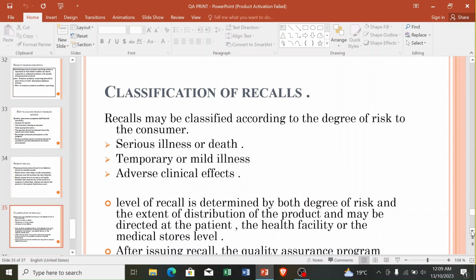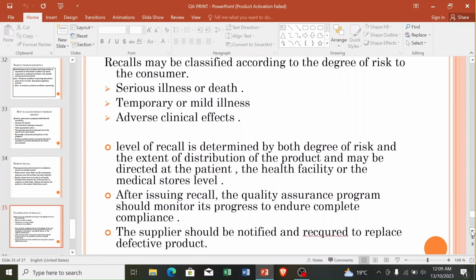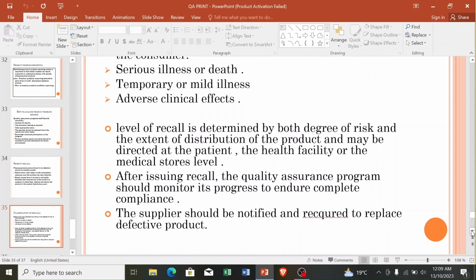Okay. After issuing a recall information or alert, the quality assurance program should monitor its progress to ensure complete compliance. Some people, after they have stocked much of this product, will feel they don't want to return it or take that loss.